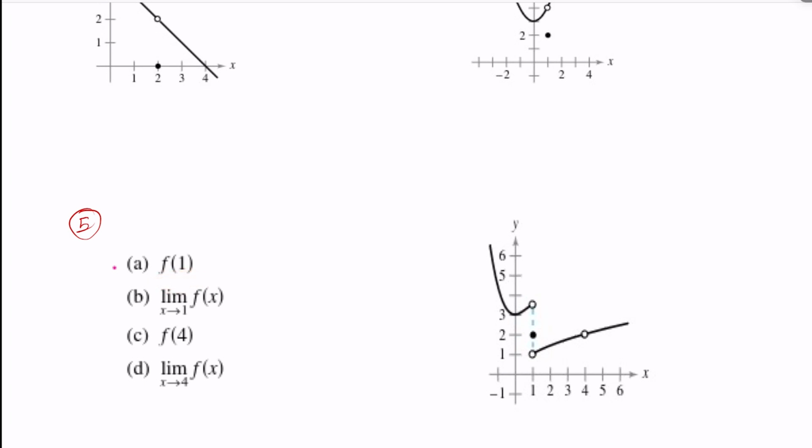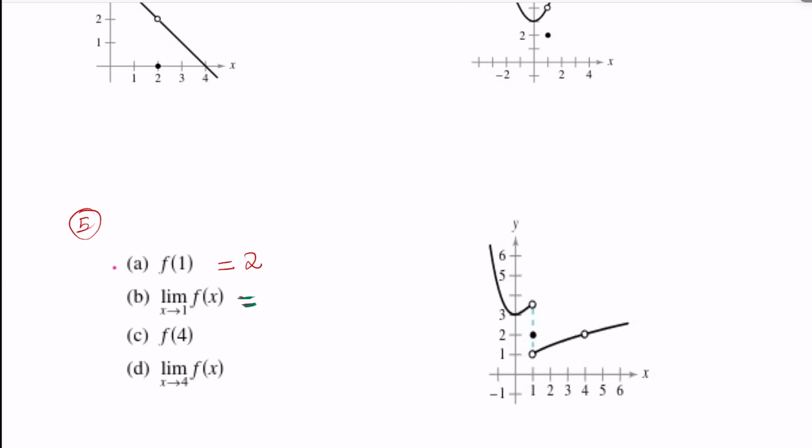F of 1 is the value of the function when you substitute x equals 1. So we locate 1 on the x-axis. So this is 1. We trace 1. Where do we have the dot? The shaded dot is on 2. So that tells us that f of 1 is 2.